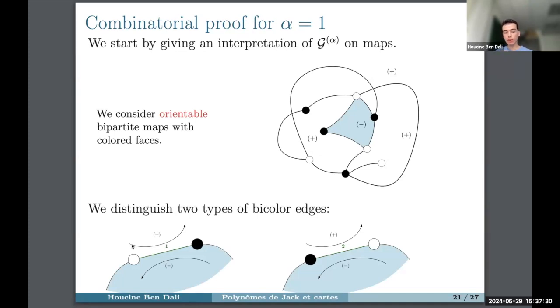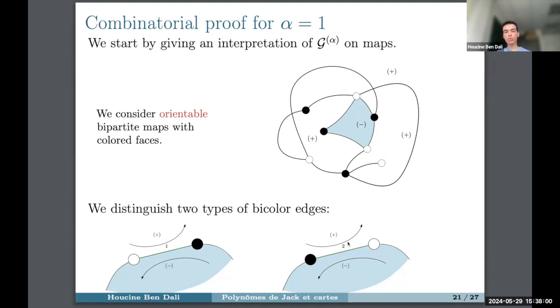We travel along faces in the direct orientation. So if you are traveling along the face and we see this edge, we first see the white vertex and then the black vertex. We will say that this edge is of type 1. And if we see first the black vertex and then the white vertex, we will say that the edge is of type 2.